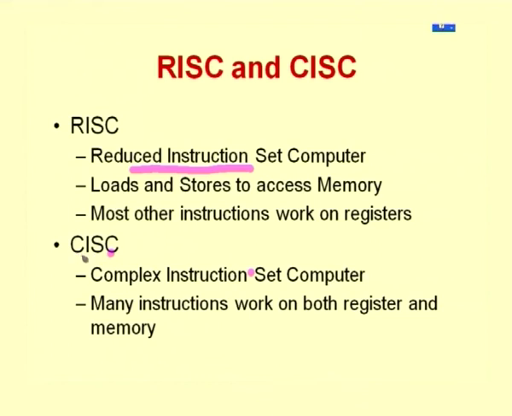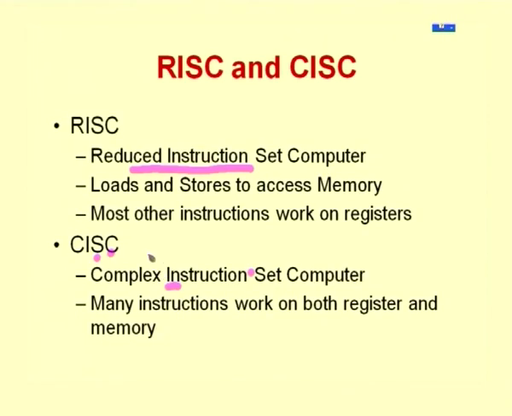A CISC architecture, on the other hand, stands for complex instruction set computer. What is this complex instruction set? A single instruction may do many complex operations, or one big complex operation rather than only simple operations. In a CISC architecture, typically many instructions will work on both the register and the memory.